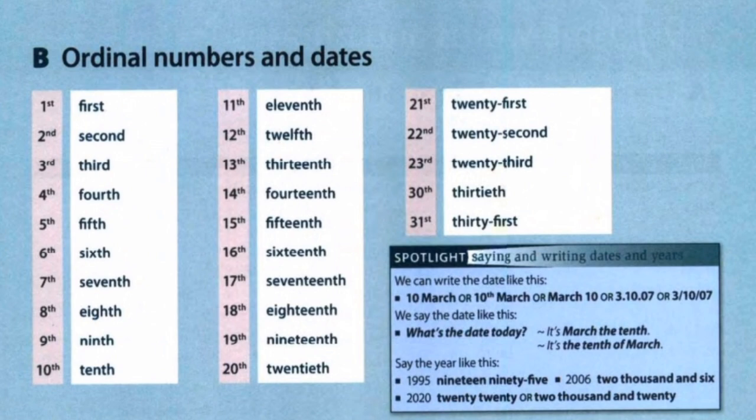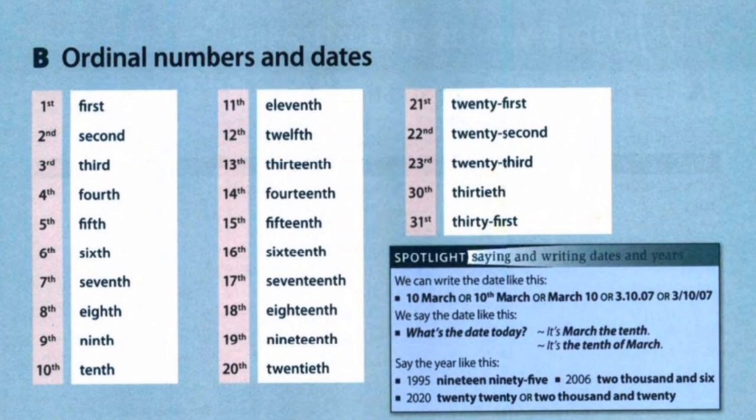In English, years are usually read in 2 parts. For example, this number is read as 1995 or this year, 2020. We use O when the third digit of the year is 0, like in this year, 1905.